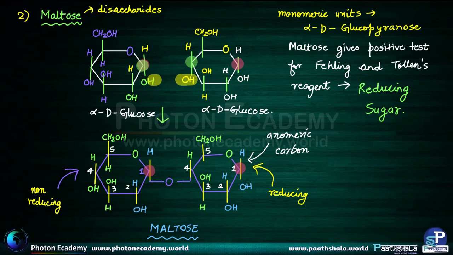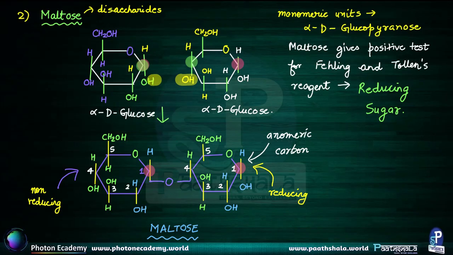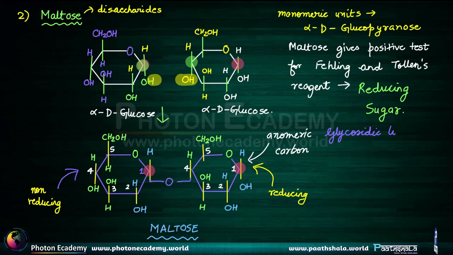So we can see that we are actually using C1 of one unit of alpha D glucose and C4 of another unit of alpha D glucose. So we can just write over here that the glycosidic linkage is between C1 and C4.